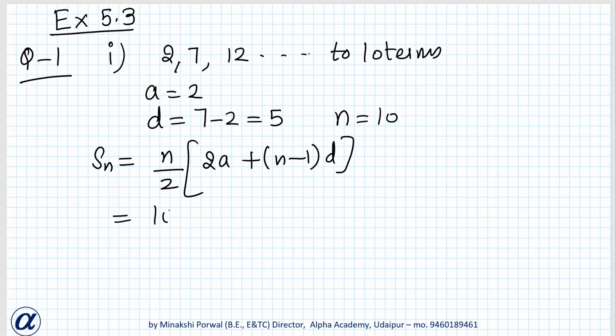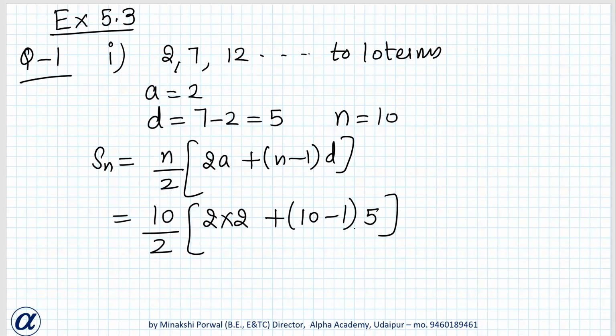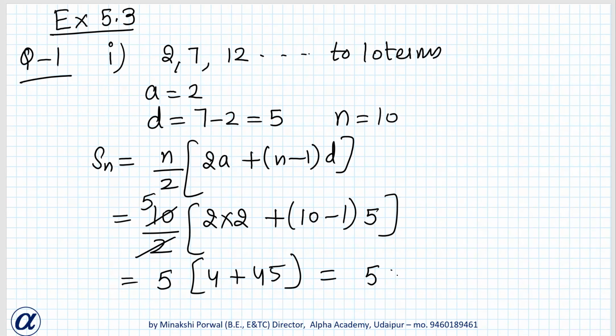N is 10, so it will be 10 upon 2. 2 into 2 plus n minus 1, that is 10 minus 1 into d is 5. So this is 5. 4 plus 9 into 5 is 45. That is equal to 5 into 49. So 49 into 5 we will find, and this will be the answer. That is 245.